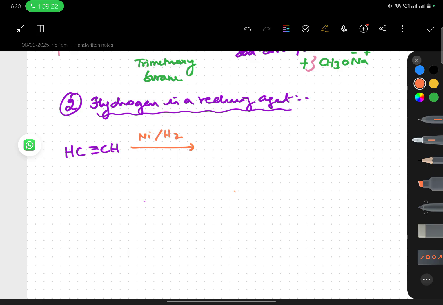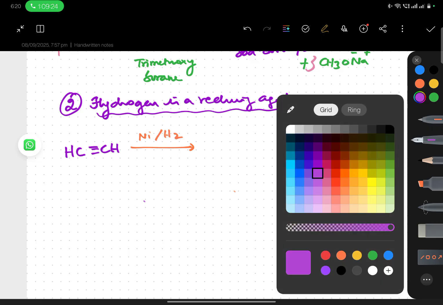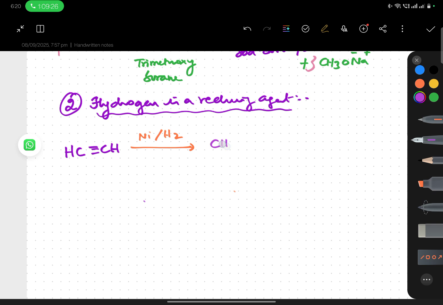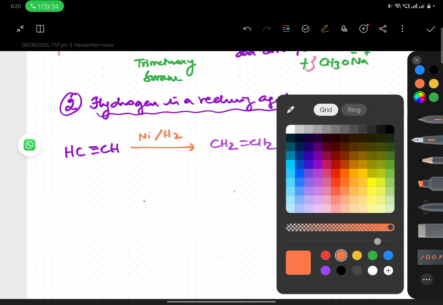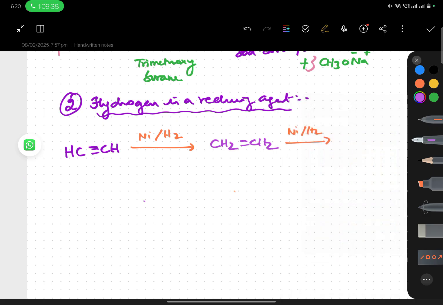You'll get CH2 double bond CH2. Again, this will react with nickel in presence of hydrogen to give CH3 single bond CH3.